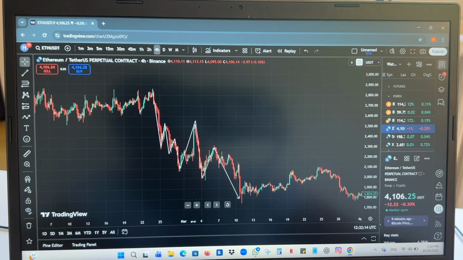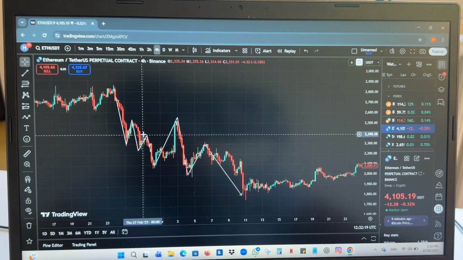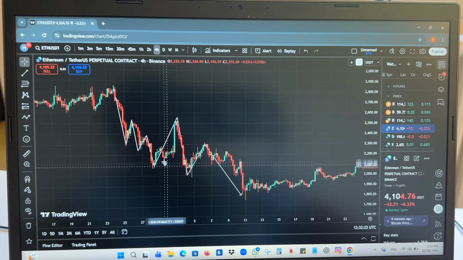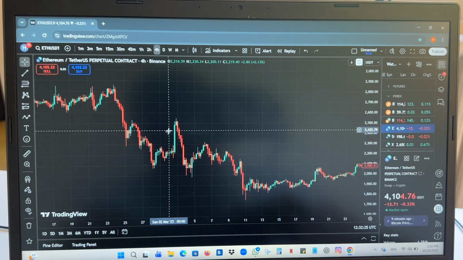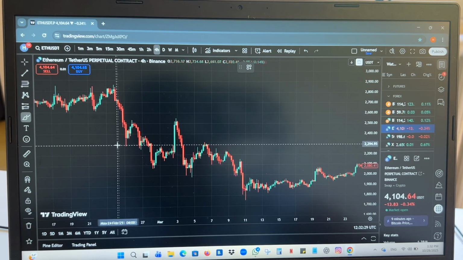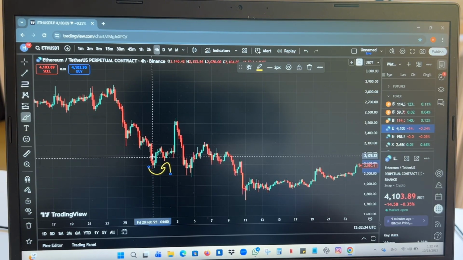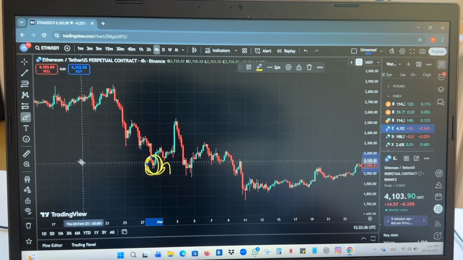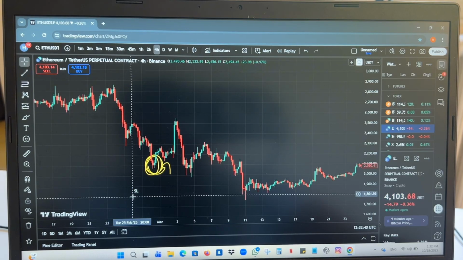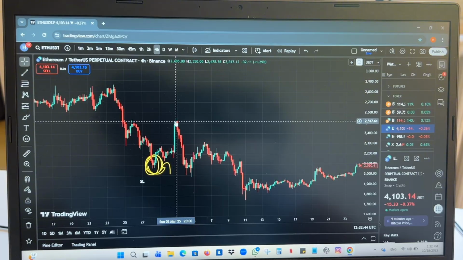By the looks of it, you can identify that when this move went and hunted this high, this lower high, what is confirmed? When the market shifts from here, it comes here, and it shifts. So this point is a swing low, and the market goes up here.